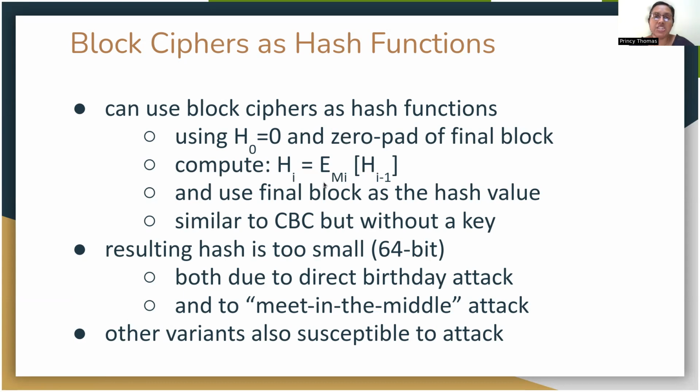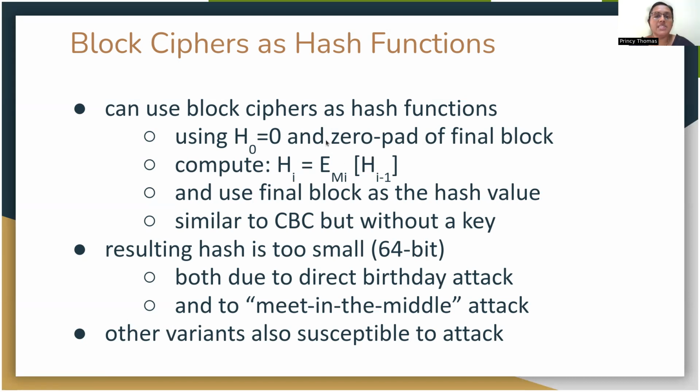Instead of using a key, the message block is used as the key, and the previous hash is what is being encrypted. We begin with H0 equal to 0 for the first block, and the final output is considered the hash value of that message. It is very similar to CBC, except instead of using a key, we are using the message block itself.